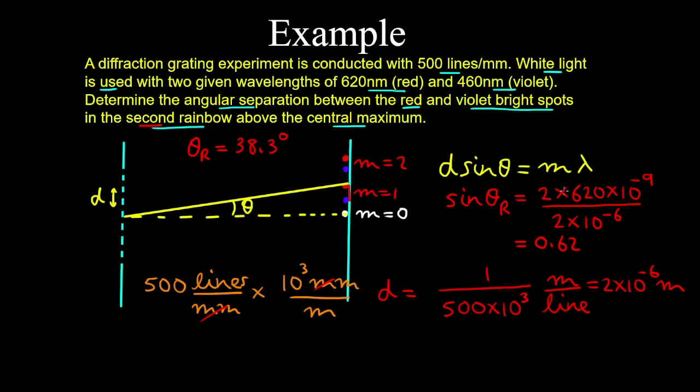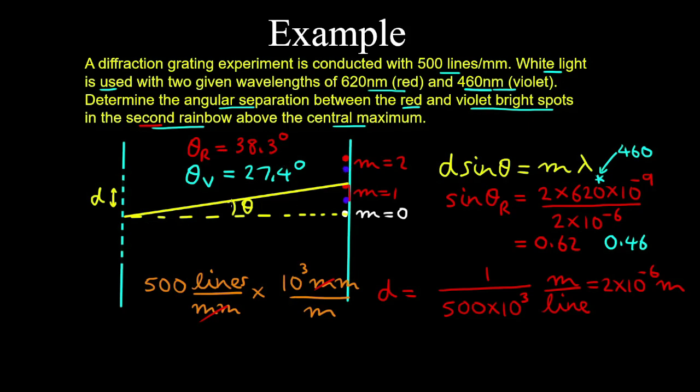And for the violet light, we would just replace the wavelength in this expression with 460 nanometers. So if you calculate this out, you'd get 0.46, and taking the arc sine would give you an angle for the violet light of 27.4 degrees. So as expected, the red light gets refracted more than the violet light.